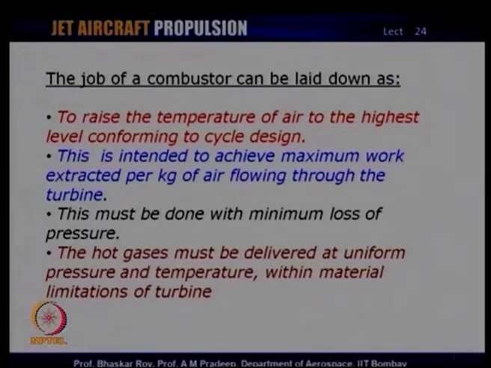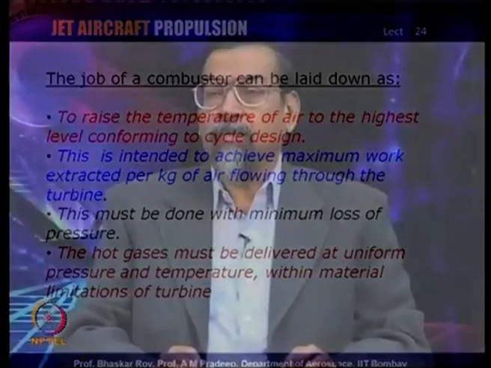The hot gases must be delivered at uniform pressure and temperature within the material limitations of the turbine. So, material limitation of the turbine and the cooling technology of the turbine is one aspect. The other aspect is that it should have a uniform temperature and pressure profile as it is going into the turbine, because the turbine has a root, as we have discussed in the turbine chapter.